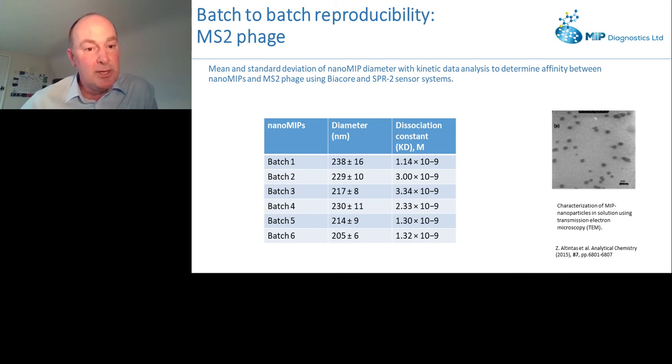Not only can we see that the diameter of the NanoMIPs produced is consistent, between 205 and 238 nanometers in diameter, but also, and more importantly, the association constant for the target is between 1.1 and 3.3 nanomolar in 6 independent determinations. That's within experimental error. To all intents and purposes, the batches are behaving identically.